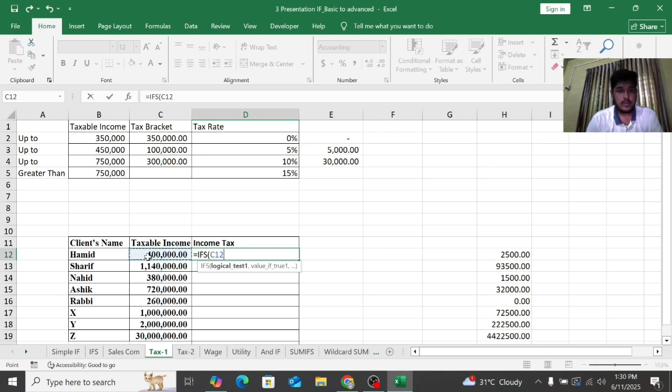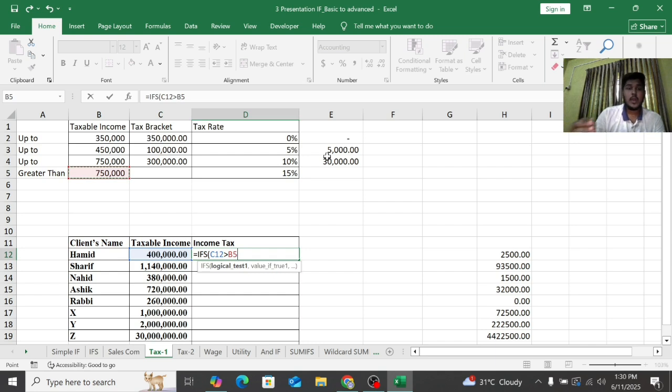If our taxable income is greater than 7,50,000, we have to concentrate on that. If it is more than 7,50,000, we have to pay this much amount, but above this, we have to pay on the rest.